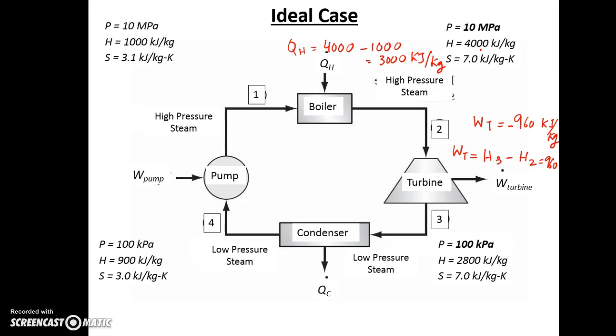But since our turbine is not as efficient, our exiting conditions will change. So our enthalpy will no longer be 2800. In fact, our enthalpy here, H3, is equal to 960 plus H2.